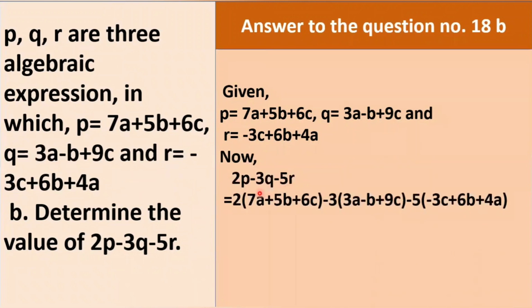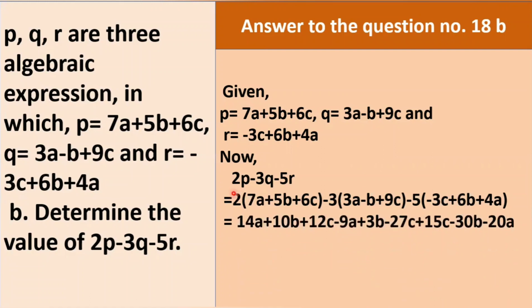After that, see here, after 2, we write the value of P that is given in the question. Inside bracket, we have written the whole value of P as there is more than one term. Again, here there is a minus sign, we put minus sign. Then after 3, we put the value of Q inside the bracket. Then minus 5, then we put the value of R inside brackets.